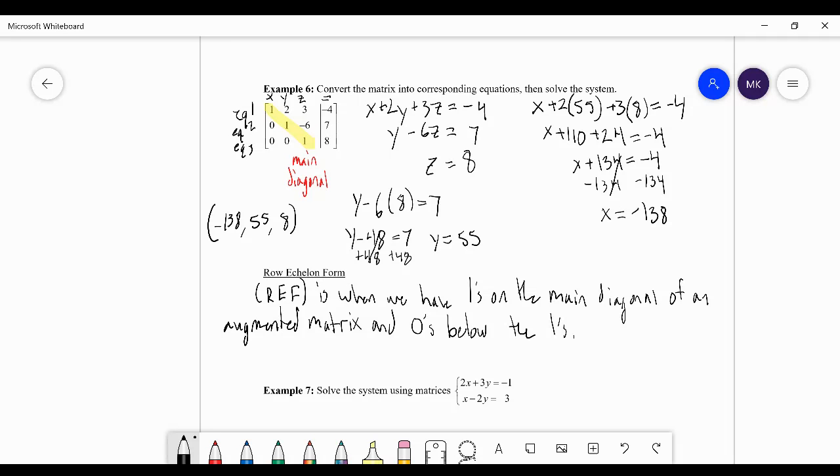Okay, so that is exactly what we had up here. So this is in row echelon form. We have ones along that main diagonal and zeros below.